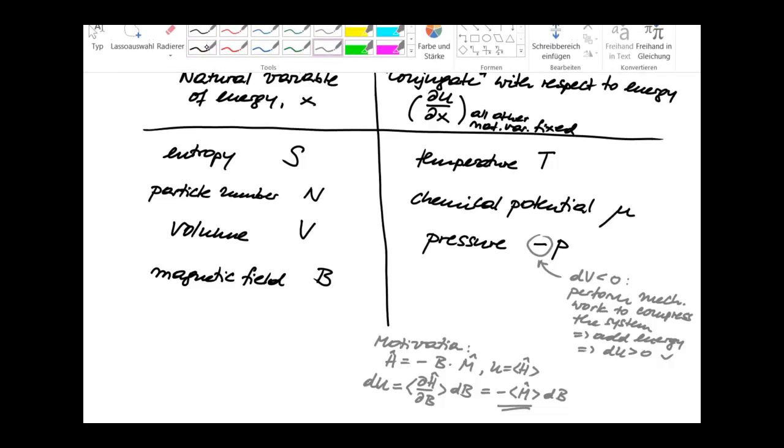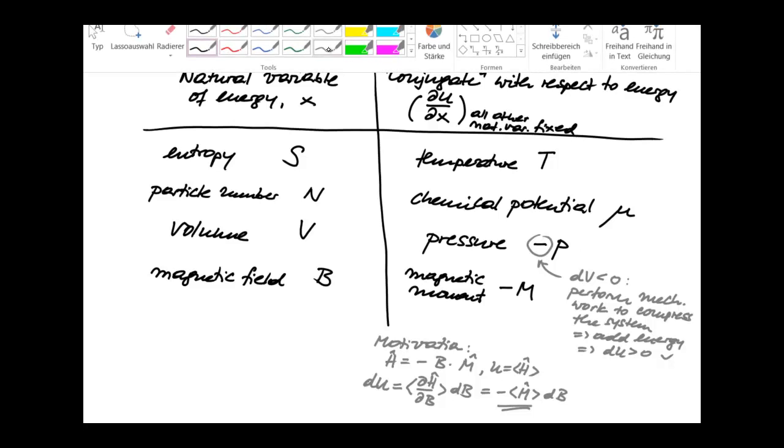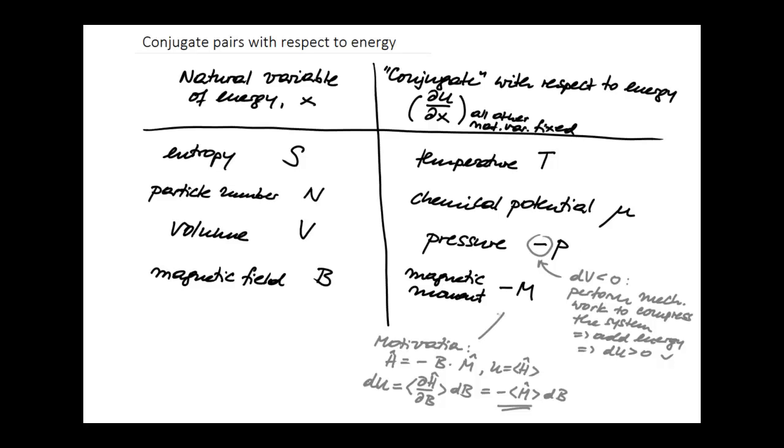So this shall serve as a motivation why, in general, the conjugate of a magnetic field with respect to energy is minus the magnetic moment. And here's the motivation for that.